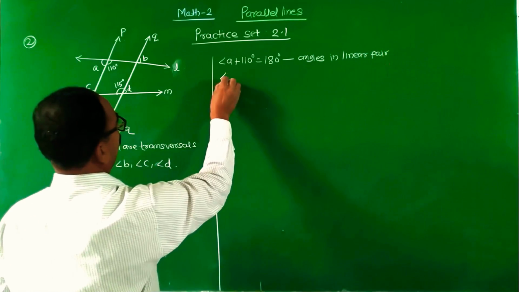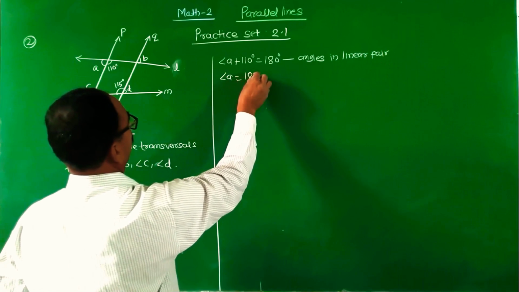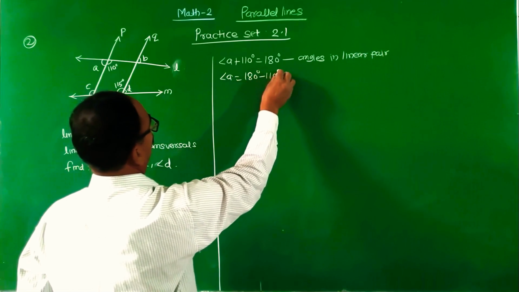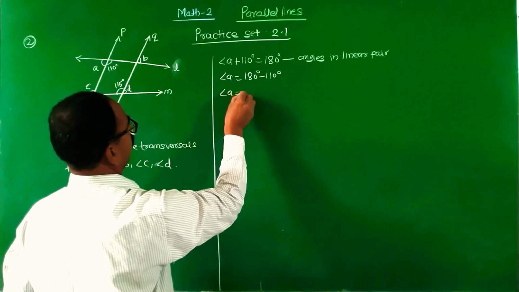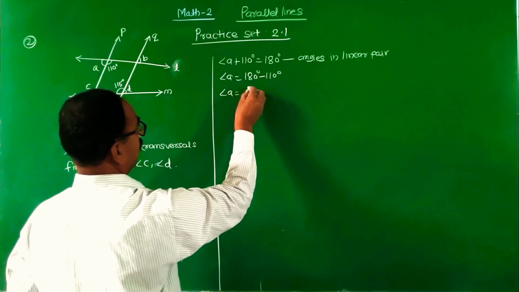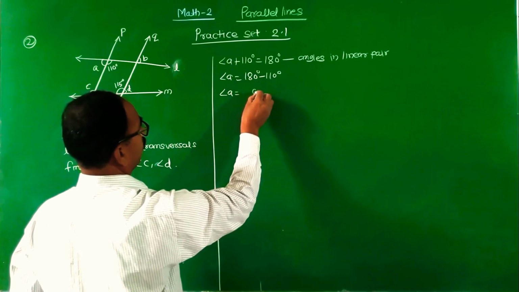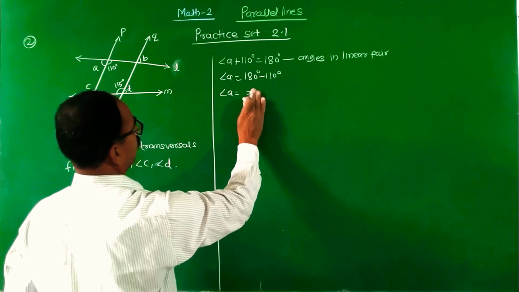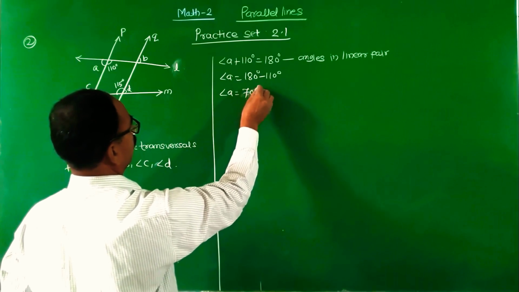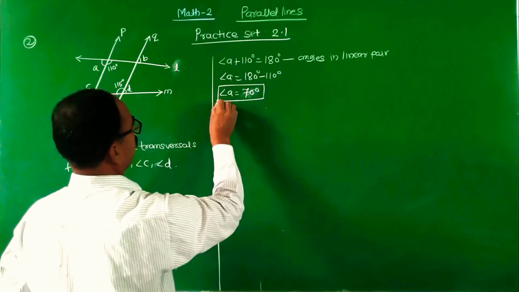So angle A will be equal to 180 degrees minus 110. 8 minus 1 is 7. So this is 70 degrees. The measure of angle A is equal to 70 degrees.